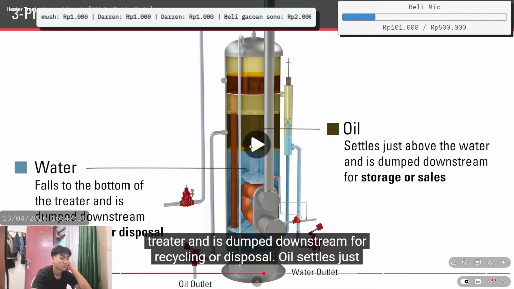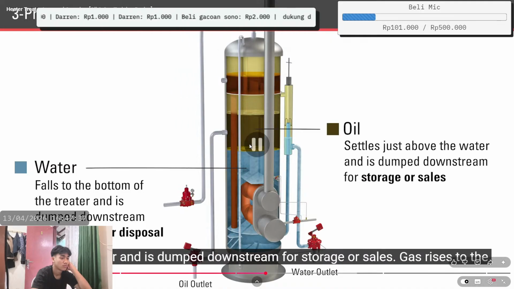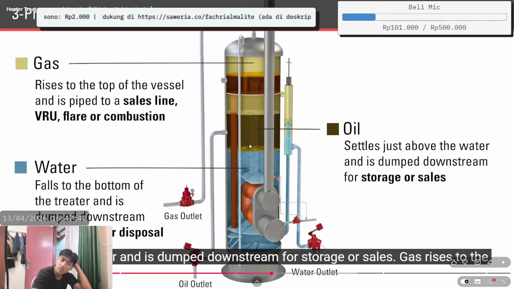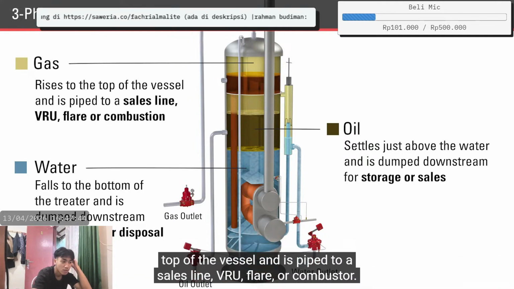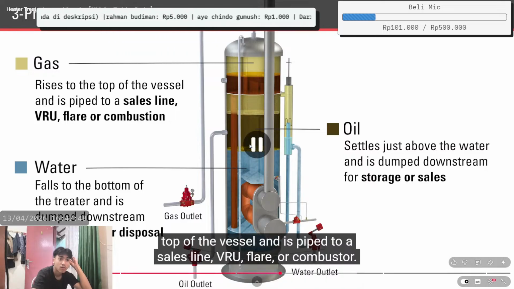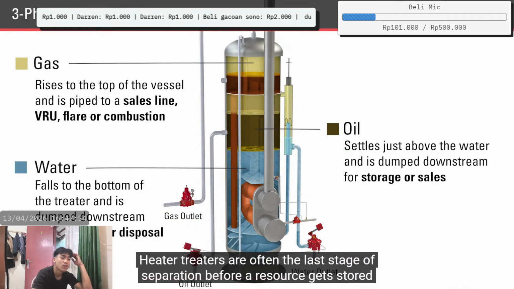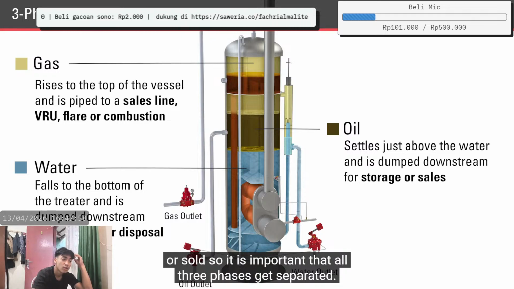Oil settles just above the water and is dumped downstream for storage or sales. Gas rises to the top of the vessel and is piped to a sales line, VRU, flare, or combustor. Heater treaters are often the last stage of separation before a resource gets stored or sold, so it is important that all three phases get separated.